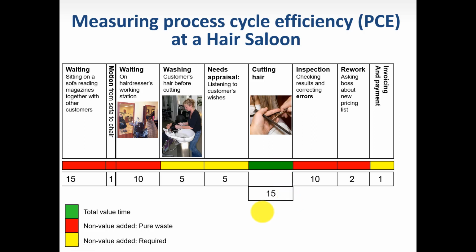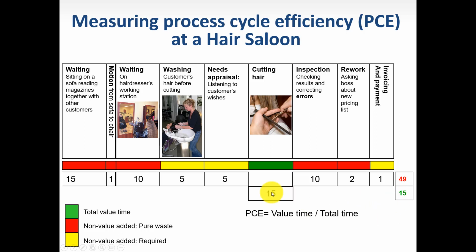So the next step is to add all the non-value activities, which are the ones that we see here on the top. We also do the same for the value activities. And you can already see the big difference between both. And these are key figures for calculating the process cycle efficiency, because the way to calculate that is by dividing the value time by the total time.